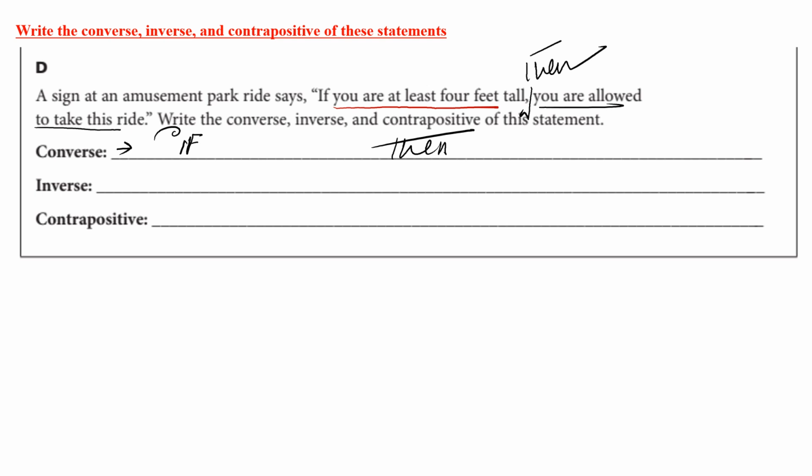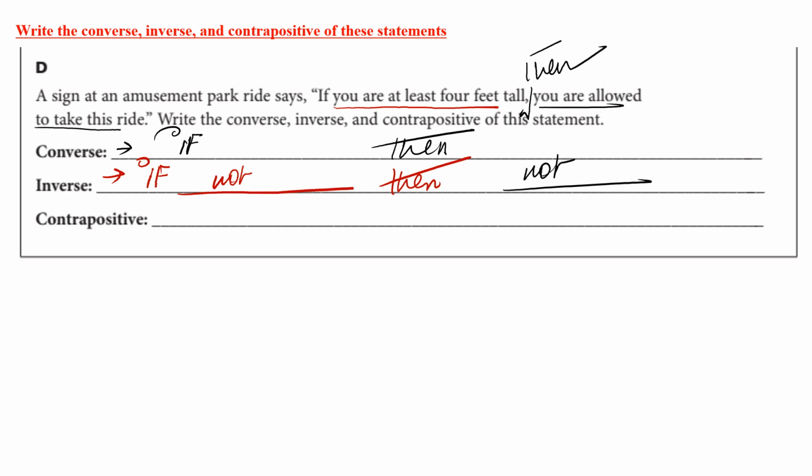As we said, inverse is the negation of the conditional statement, so we are going to just add the not. If you are not at least 4 feet tall, then you are not allowed to take this ride.